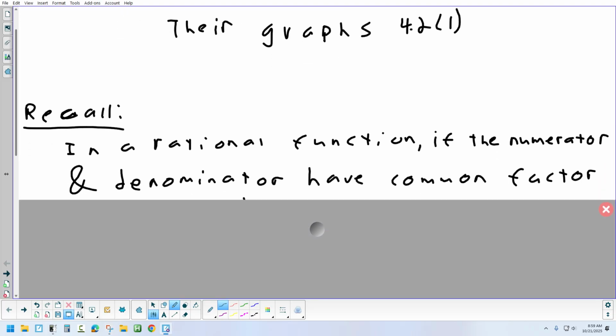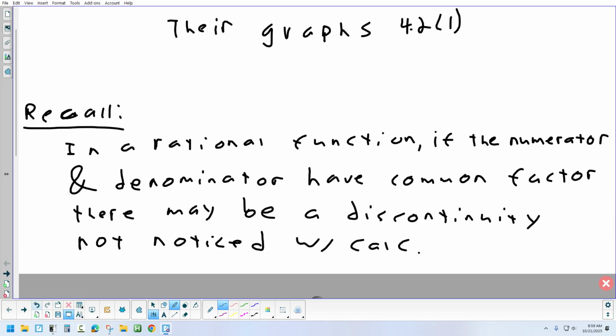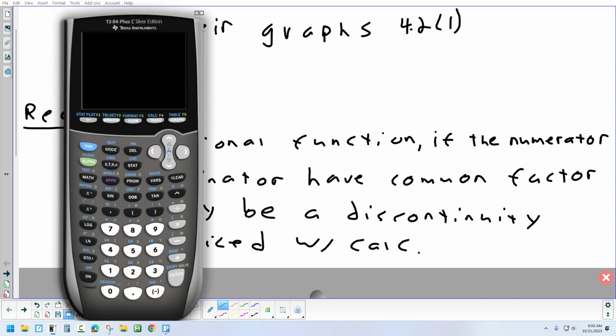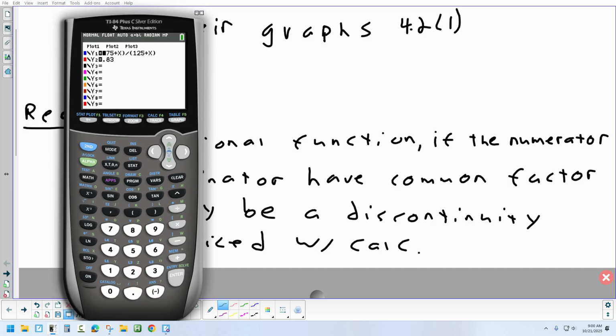Okay, so when we are graphing, we've learned that there are a couple different kinds of things that can happen when you divide by 0. One thing that can happen when you divide by 0 is you get a graph that looks like this. 1 divided by, let's do x minus 3.